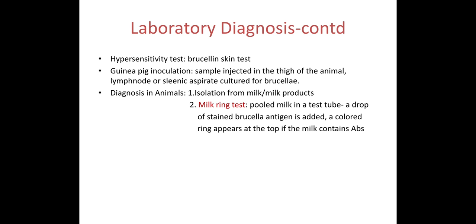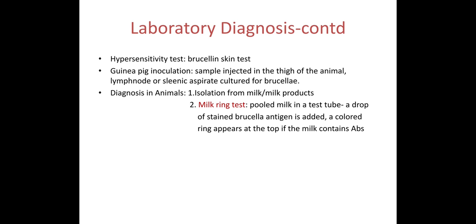Then animal inoculation using guinea pig can be performed, wherein the sample or the blood from the patient is injected into the thigh of the guinea pig, and lymph node or splenic aspirate after the death of the animal is used to culture brucellae. Then this was about diagnosis in humans. In animals, diagnosis can be made by isolation of brucellae from the milk or milk products.